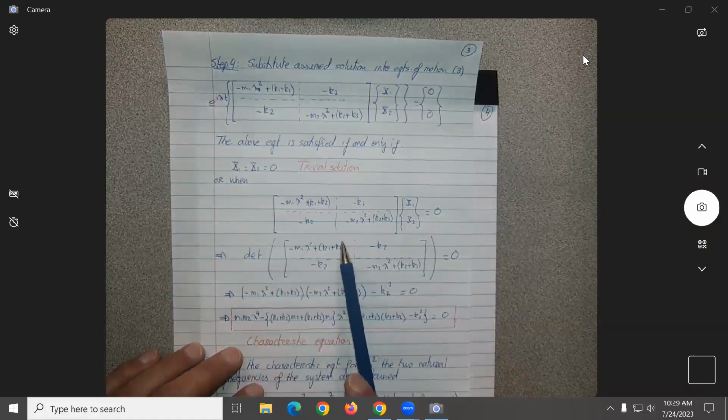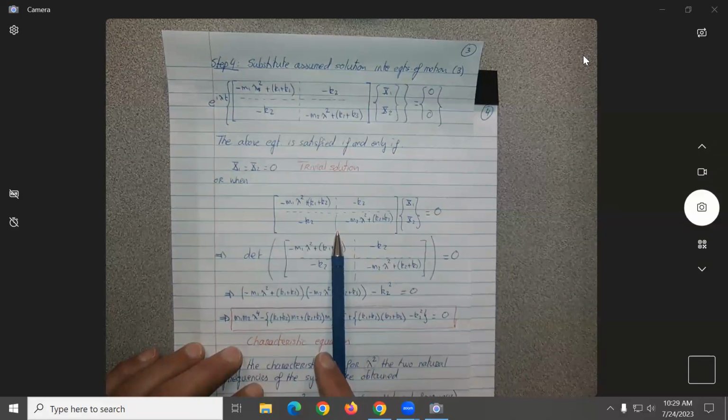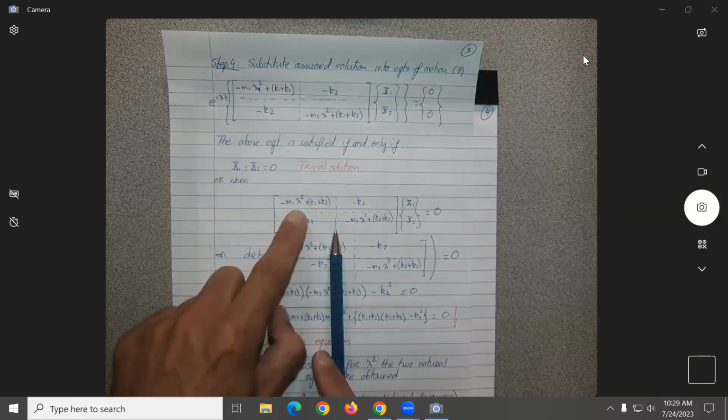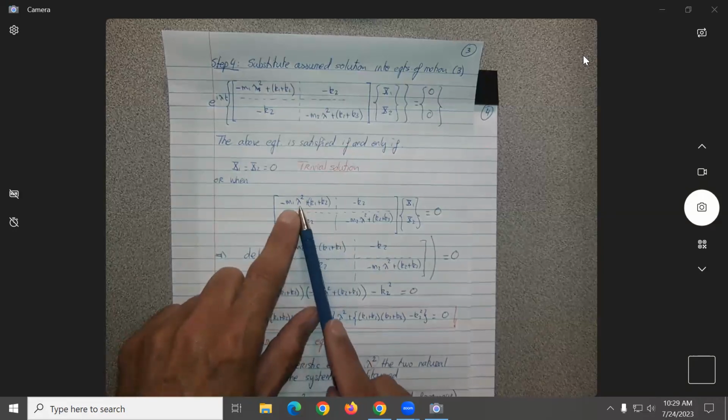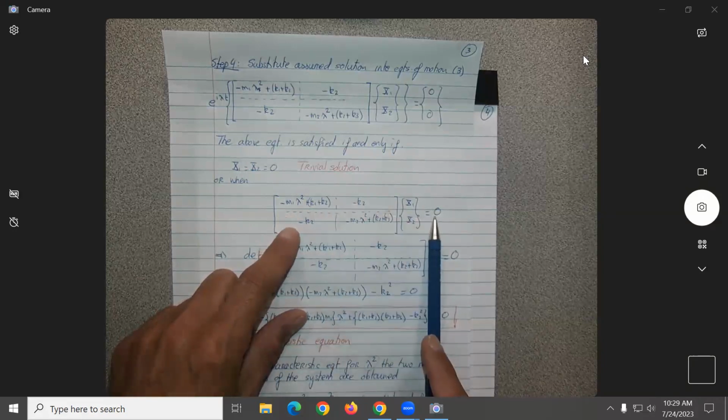But let's not forget that our initial condition is that this equation here needs to be equal to 0. Correct? So now we have two cases, no? Because here we have lambda, but lambda can be equal to lambda 1 or lambda 2. Correct? And this should give us different solutions, no?